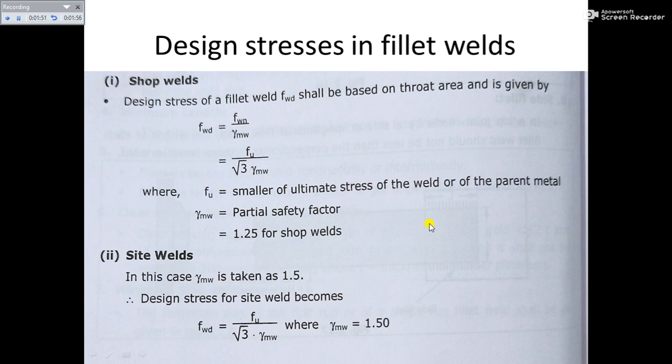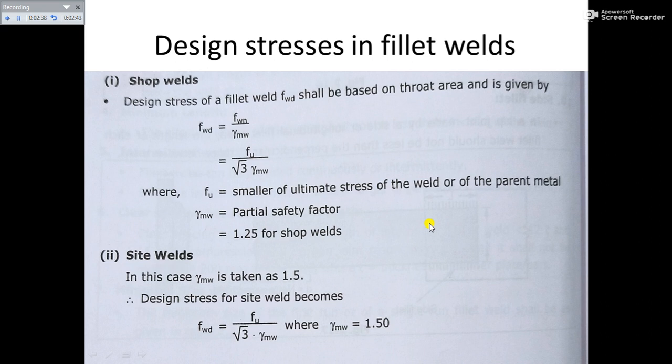At that time we are not getting the proper equipments to erect that structure, so its strength is low, so the factor of safety is more for site welds, that is it is taken as 1.5, while for shop welds it is constructed at the shop, so all the equipments are available to erect this structure, so its strength is more, so its partial factor of safety is less, and it is taken as 1.25.